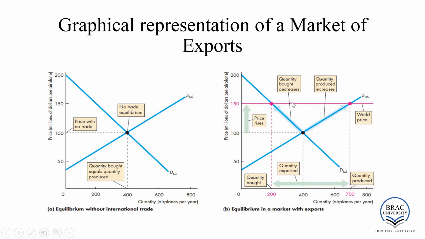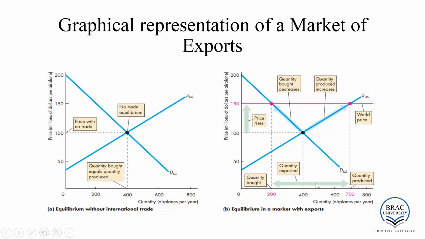So what happens to the extra amount of airplanes that has been produced? US exports these airplanes to other countries. So if we deduct the quantity bought from the quantity produced, we can find the exact export amount of the airplane.